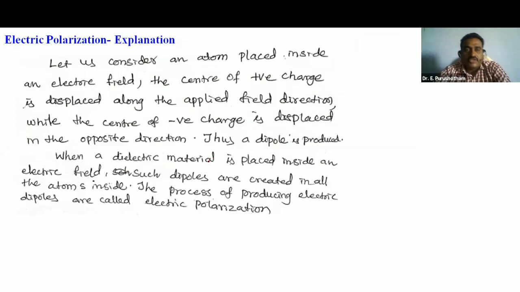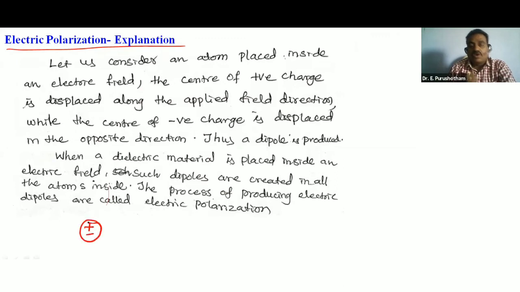Polar molecule. So, the explanation of electric polarization. Let us consider an atom, a non-polar dielectric material. It is placed in an electric field. So electric field E is applied on the dielectric material.